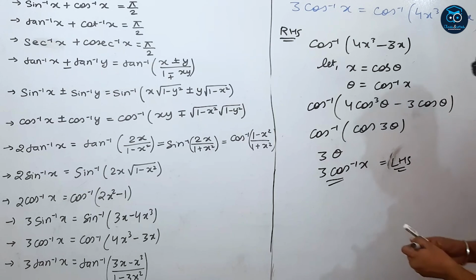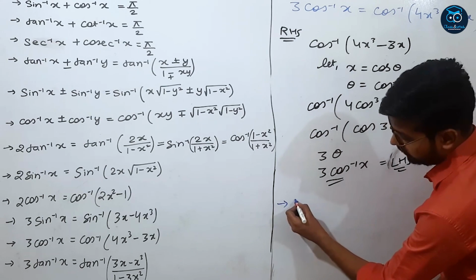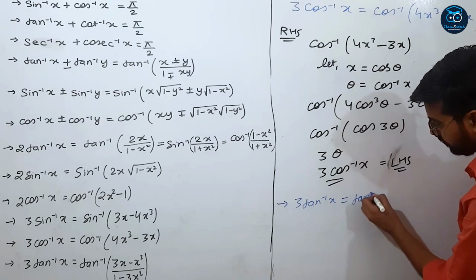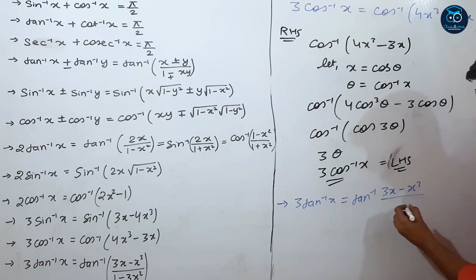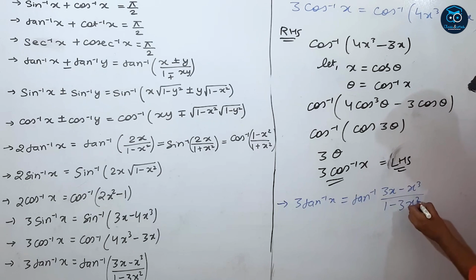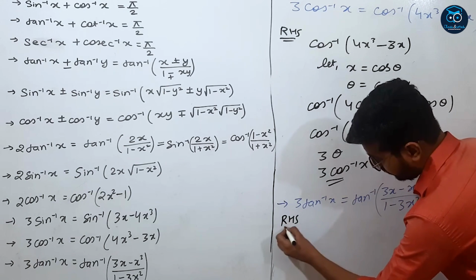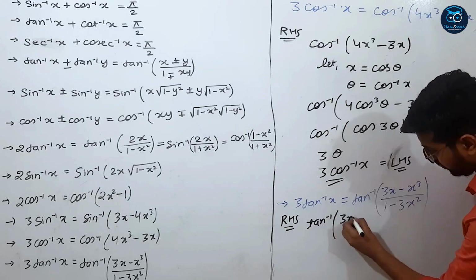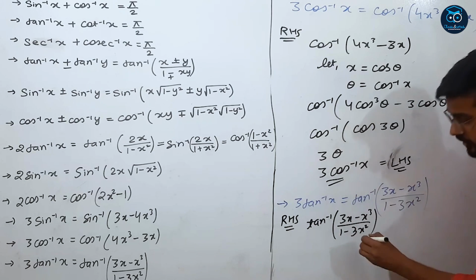Now moving towards the last identity, that is 3 tan inverse x equals tan inverse of 3x minus x cube upon 1 minus 3x square. Take the RHS first, that is tan inverse 3x minus x cube upon 1 minus 3x square.